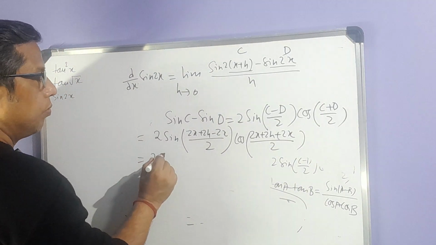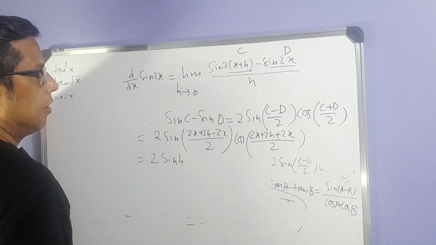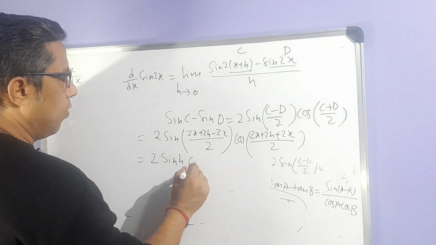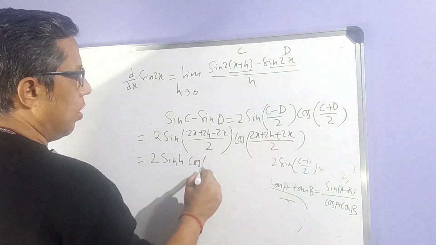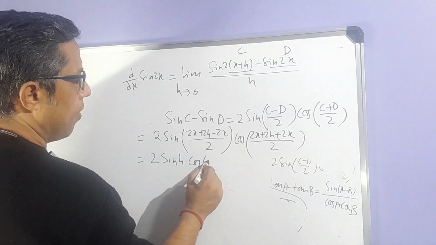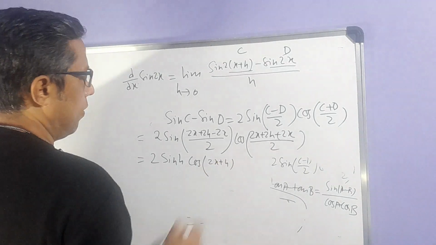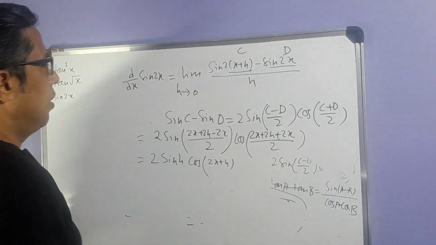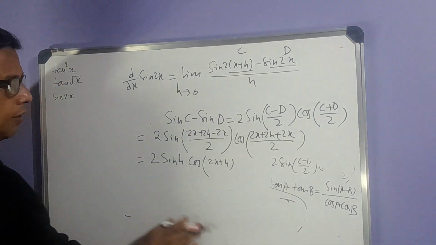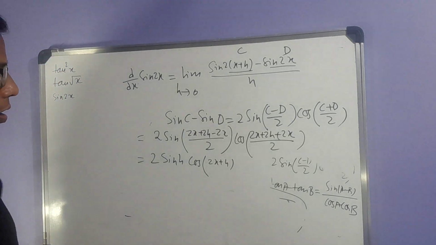It's coming 2 sine h from here, and cos of this will be 2x plus h. We got this answer, right? Now next, let us apply this one here.